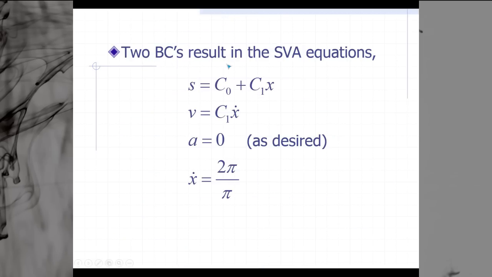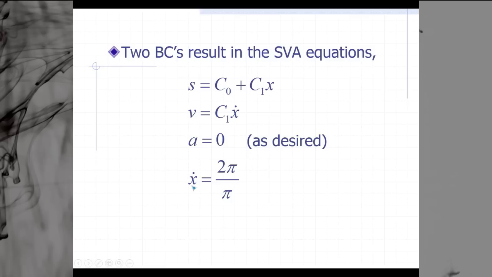These 2 boundary conditions result in the following SVA equations. So S is equal to C0 plus C1 x. We differentiate that and we get v equal to C1 x dot, and our acceleration is 0 again because there is no x double dot. So when we differentiate this velocity, we get an a equal to 0 just as we desire because now we have constant velocity, no acceleration.